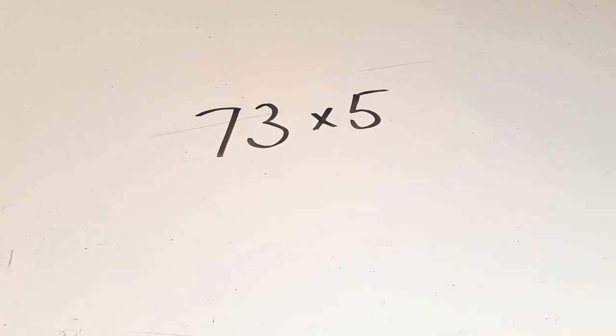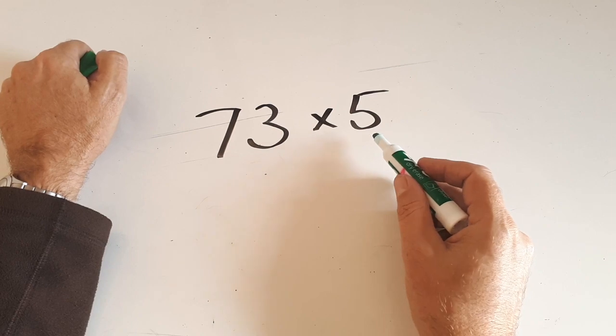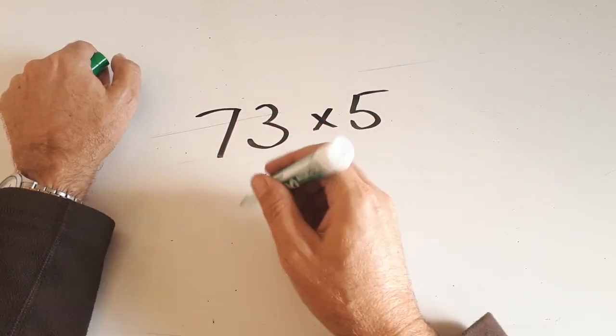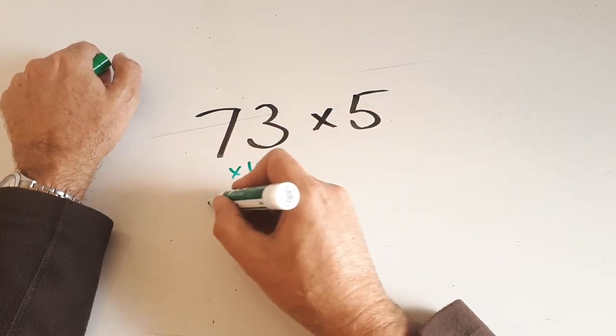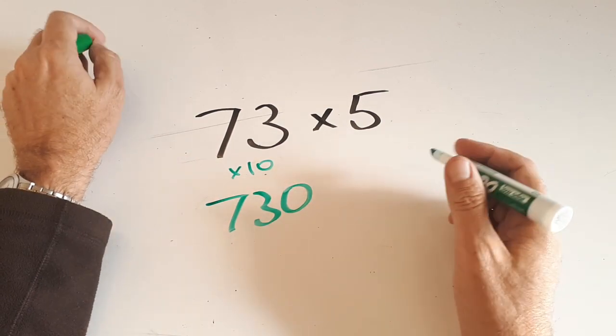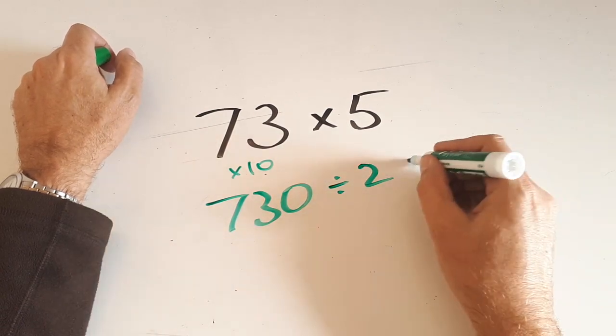That's quite handy. Instead of halving it first and then multiplying by 10, you can do a switcheroo. I can just multiply this by 10 first to get 730, and then halve it. Divide by 2, put it over 2, however you want to do it.